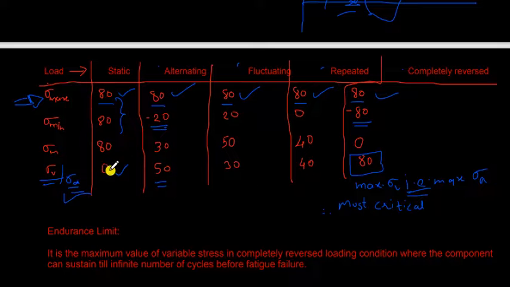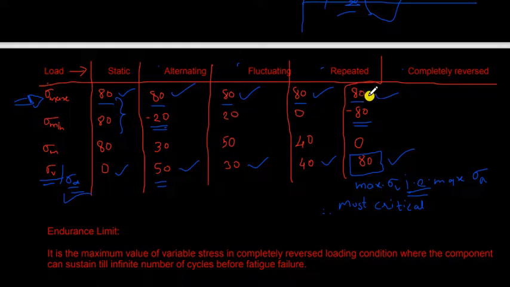It will become 0. Similarly here, if it is alternating loading condition, you will get somewhat 50 as the stress amplitude or variable stress, and in fluctuating you are getting 30, while in repeated loading condition you are getting 40, and here you are getting the maximum.